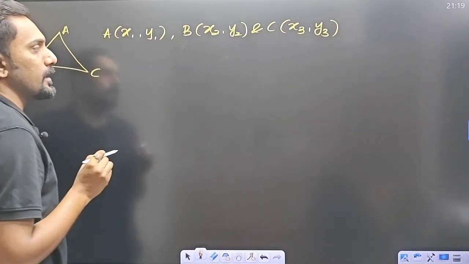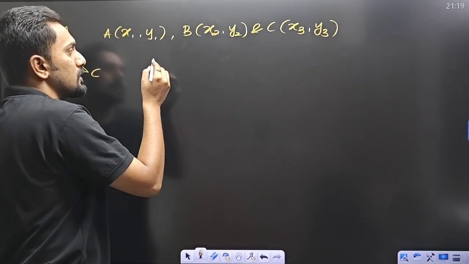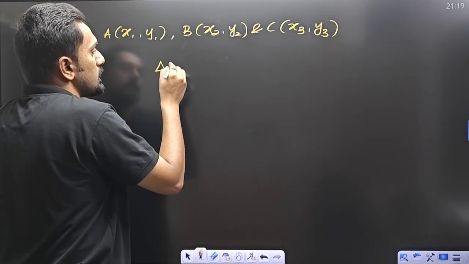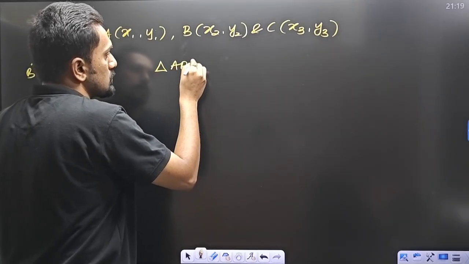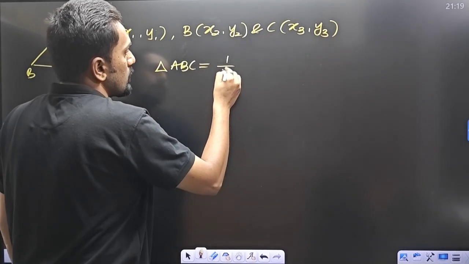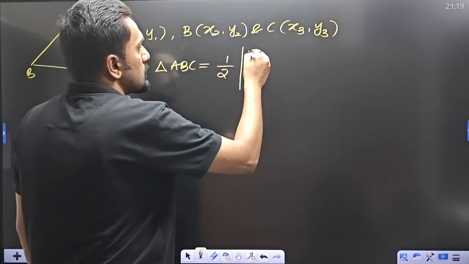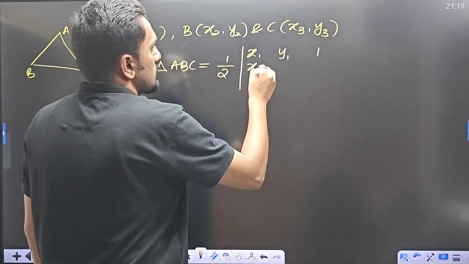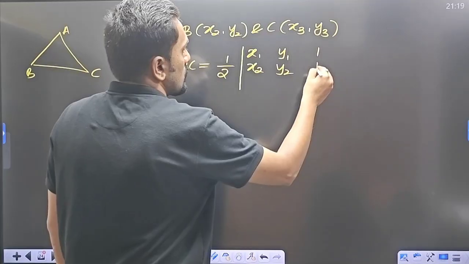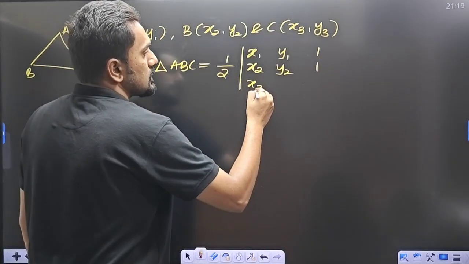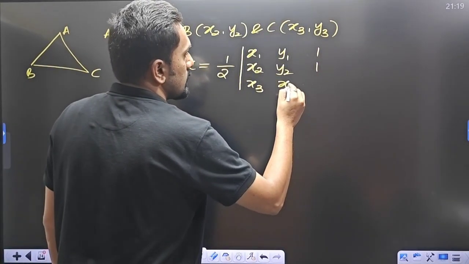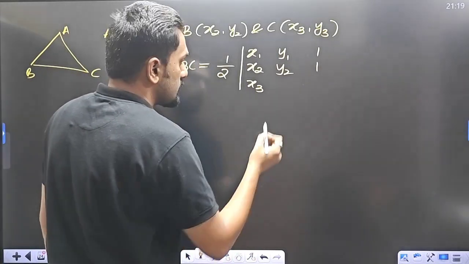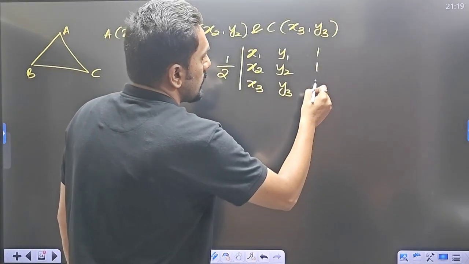Suppose if I need to find the area of the triangle by using the concept of determinant, then we will use: area of triangle ABC is equals to half into determinant of x1 y1 1, x2 y2 1 and third row is x3 y3 and 1.